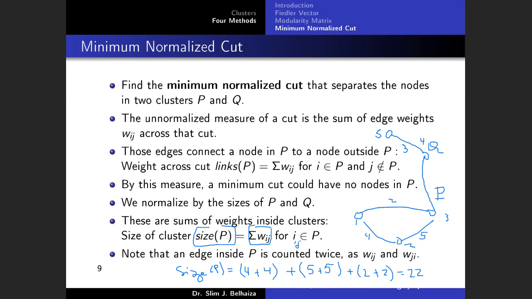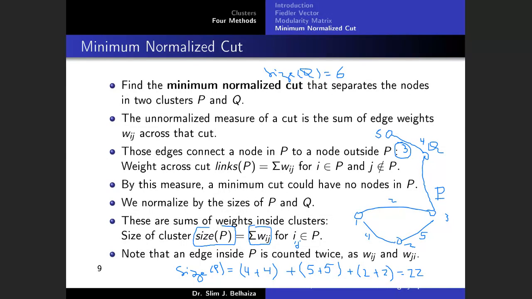Now, what is the size of Q? The size of Q is just this weight multiplied by 2. So it's just 6. Okay? Got it? So here we were able to compute the sizes.